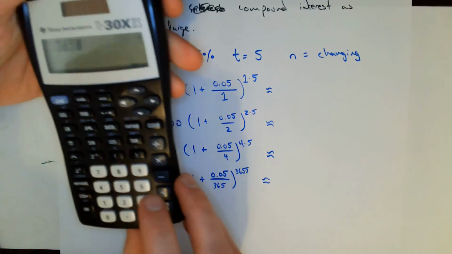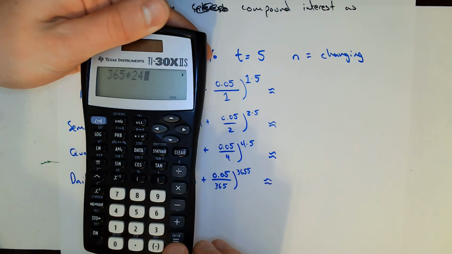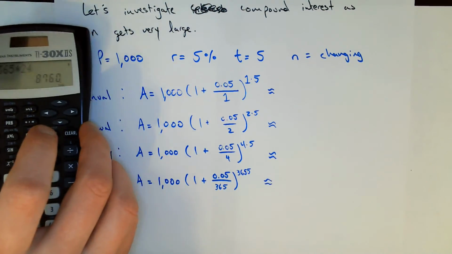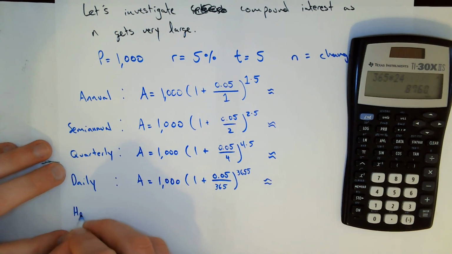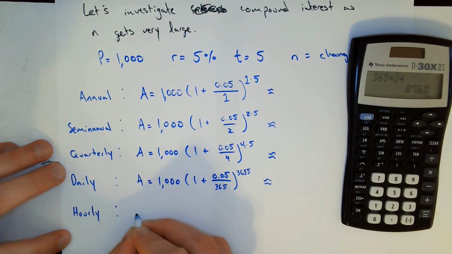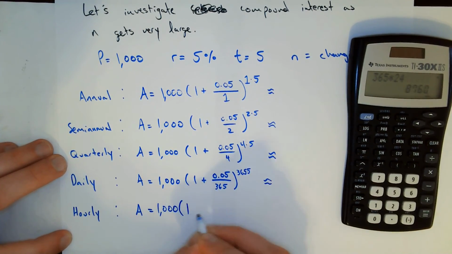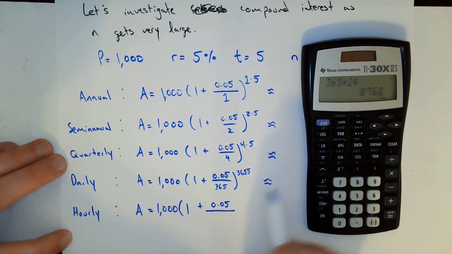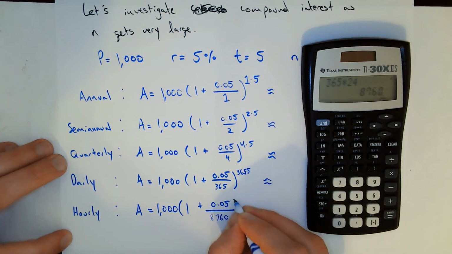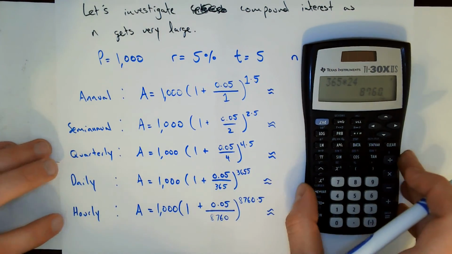Let me make N huge. So there's 365 days in a year. Each day is 24 hours. I'll just do hourly, which is crazy. This would not happen in real life. I'm doing this just as an example so we can see what happens when we let N get very, very large. So same interest rate. Now N is going to be that. So that's how many hours are in a year, 8,760. All right, now let's run all these calculations.